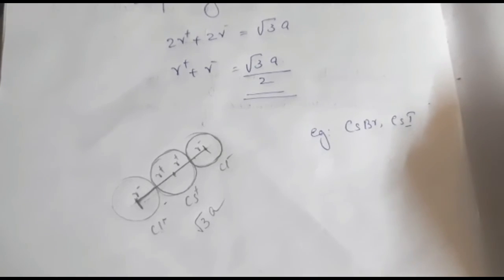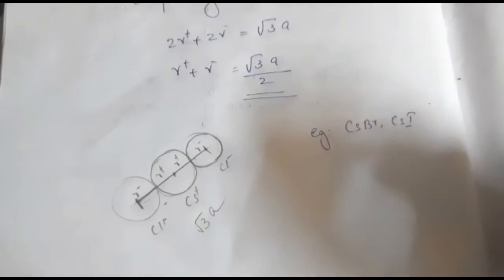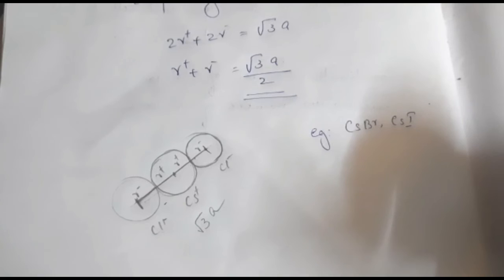The difference is that sodium chloride cannot have coordination number 8. We know the size of sodium is very small. So if 8 chloride ions are surrounding this small sodium ion, the repulsion will be higher and this will change into the stable coordination number of 6. But for cesium chloride, coordination number 8 is stable because the size of the cesium ion is higher.